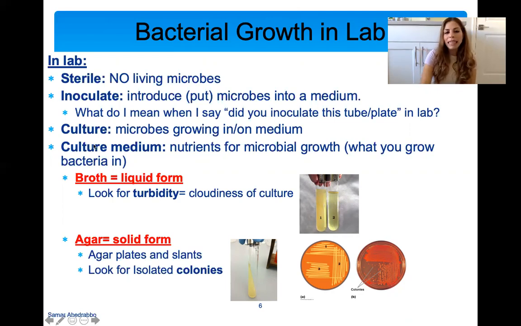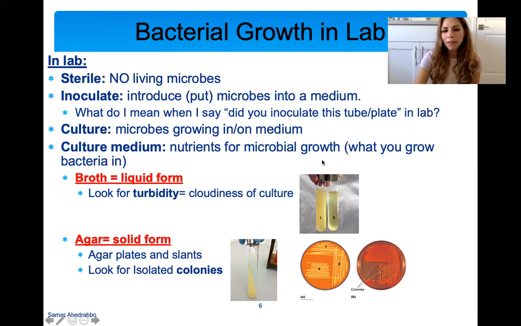Different types of media we use in lab are broth and agar to grow bacteria in. Broth, just like what you think of with chicken broth or vegetable broth, is the liquid form of a media. And this is important when we grow bacteria, because in the liquid form, we can see turbidity or cloudiness of a culture, and this indicates that bacteria grew.